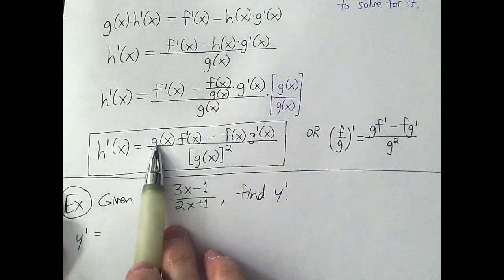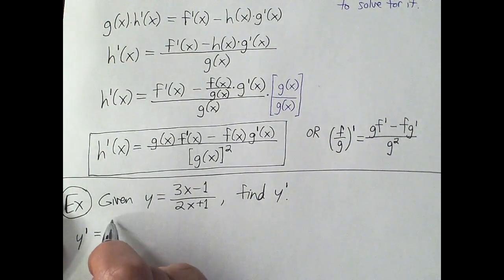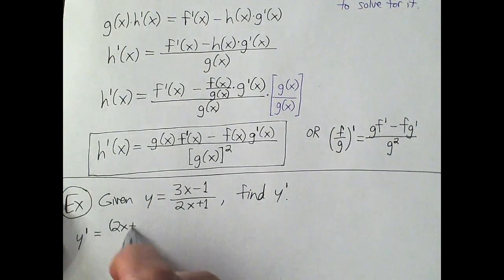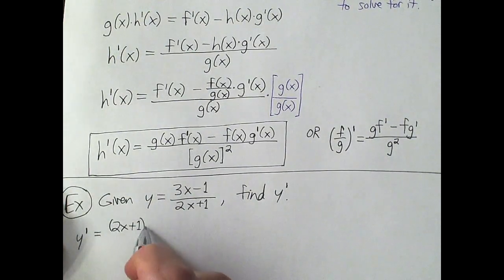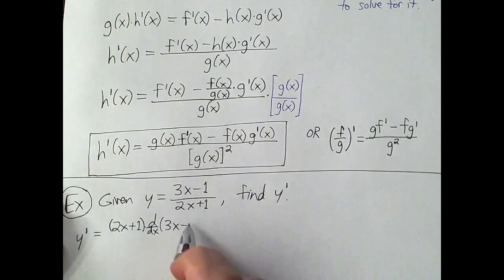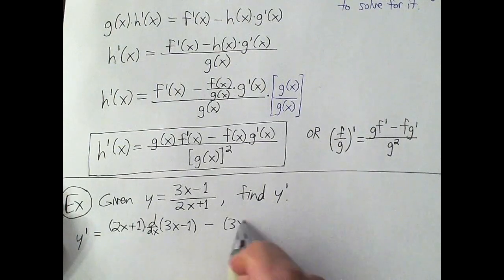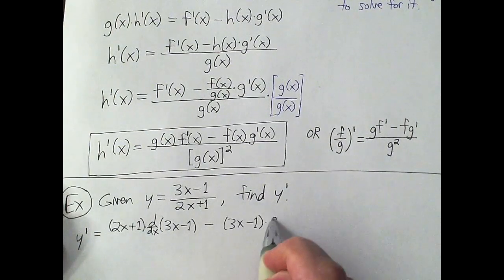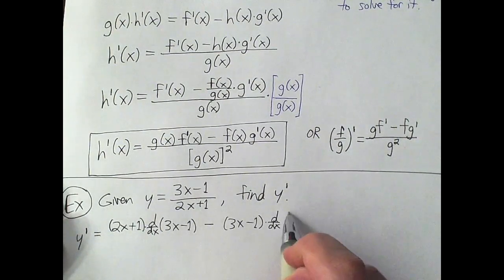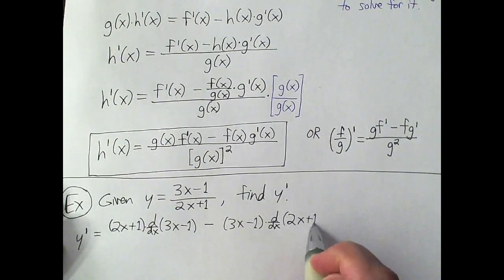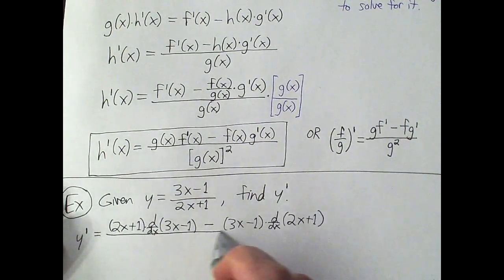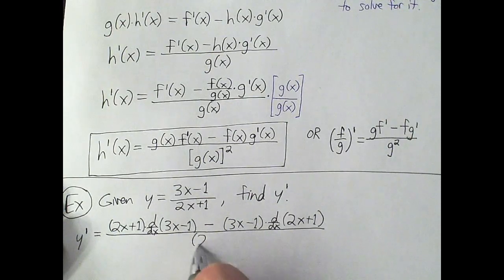It says first we need the bottom function times the derivative of the top function, minus the top function times the derivative of the bottom function. All of that over the bottom function squared.